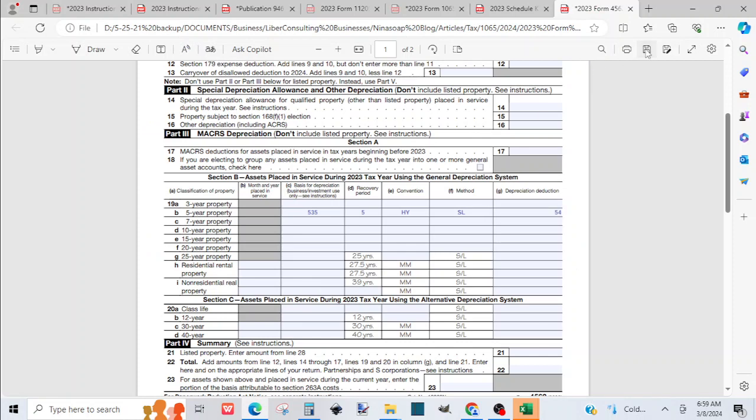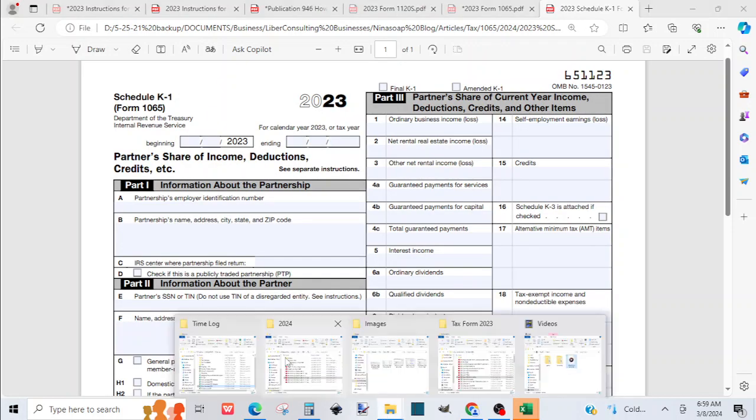We will save it and we will close it, and we will open another one.